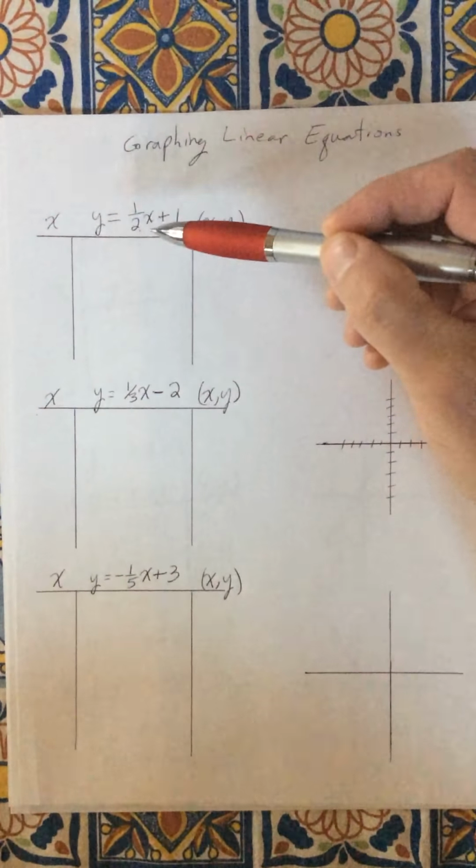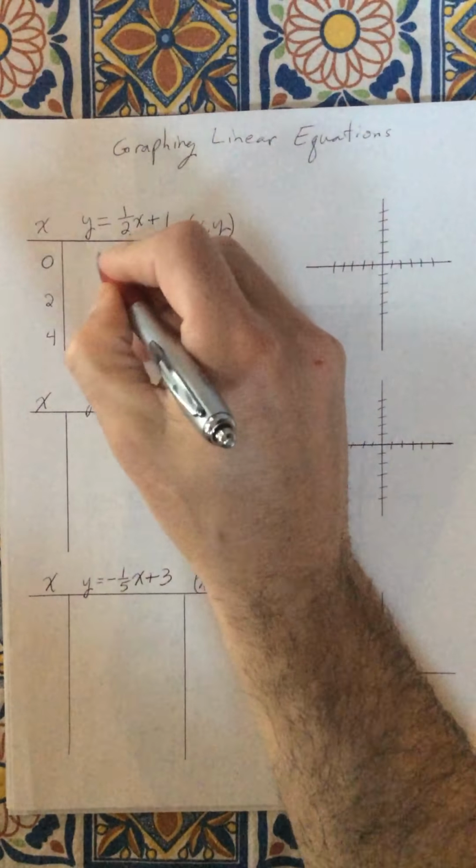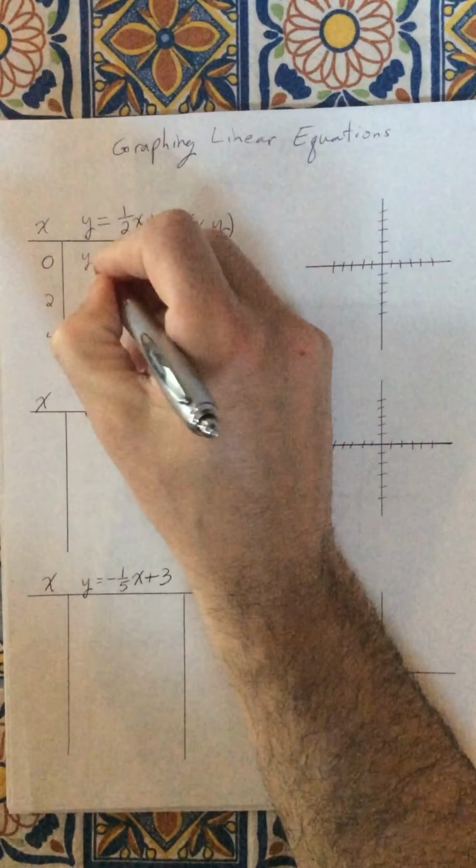So here, you can always use 0. 0 is always a good one to use. But because my denominator is 2, I'm going to use 0, 2, and 4 as my numbers. So y equals 1/2 times 0 plus 1.